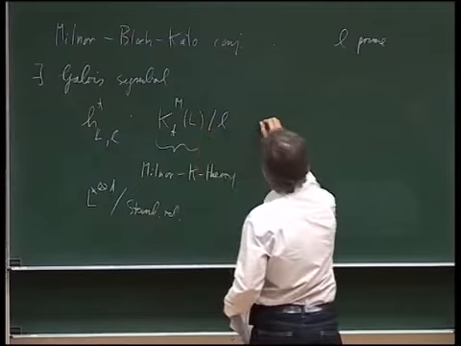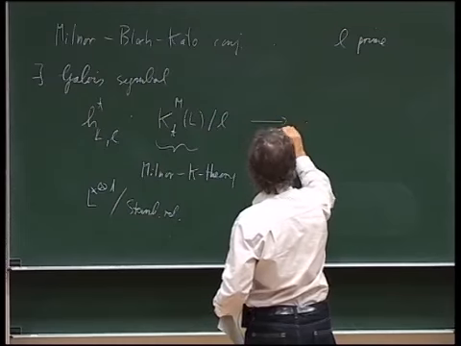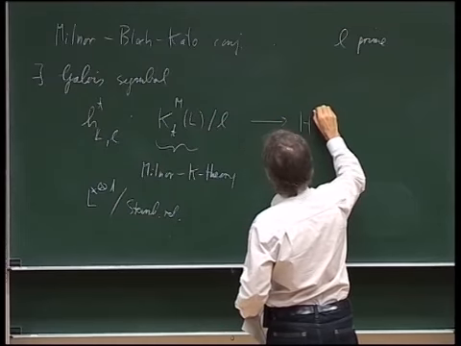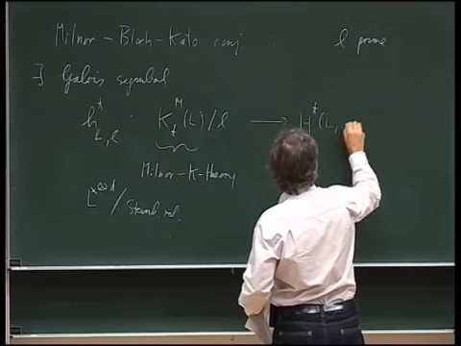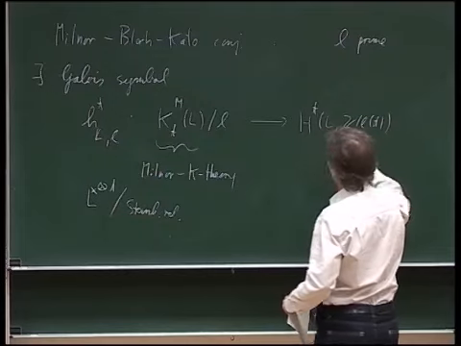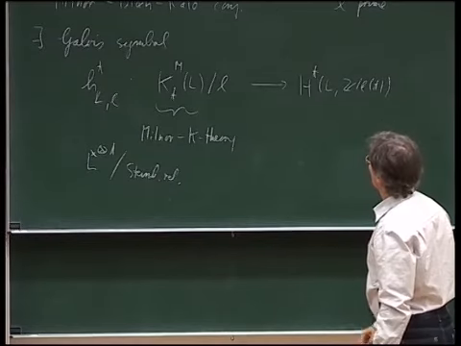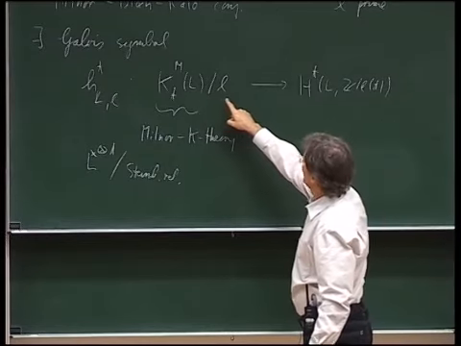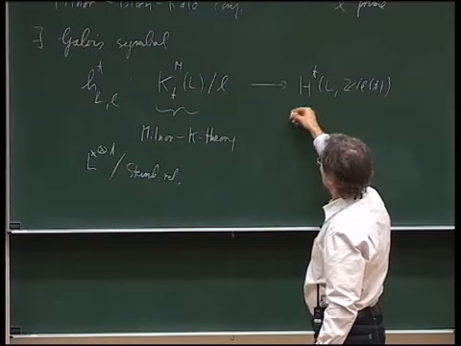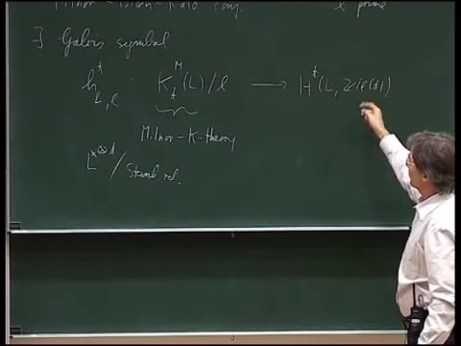Okay, so this is generated by tensors, so-called symbols, and then you have a map to the Galois cohomology H^t(L, Z/L(t)). And for L equals p, you take these logarithmic derivatives. For t equals 1, this is Kummer theory or an analog for the p case, and then you take the cup product of the symbols.